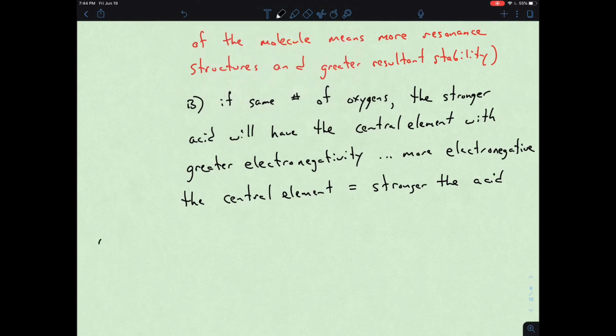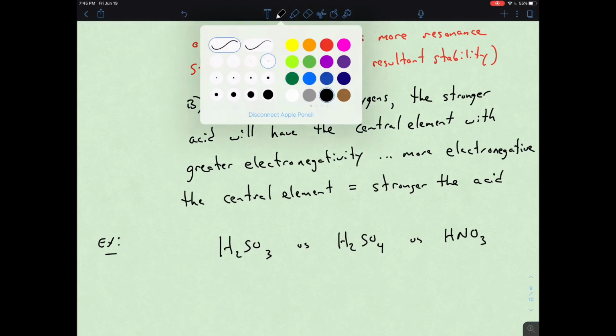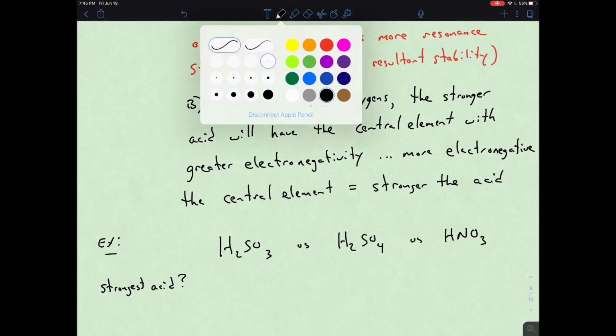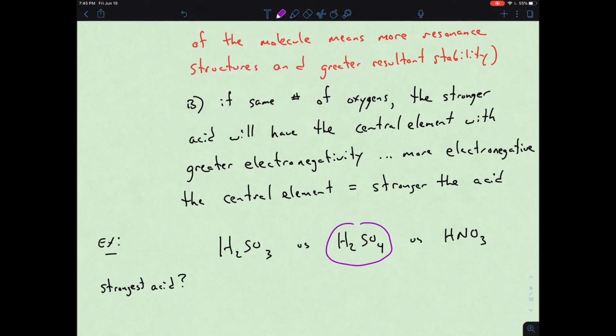So if we look at some examples of these, we could look at, for instance, sulfurous acid versus sulfuric acid versus nitric acid. And so here we would say, again, asking the question of strongest acid, the strongest acid would be the sulfuric acid. It has the greatest number of oxygens.